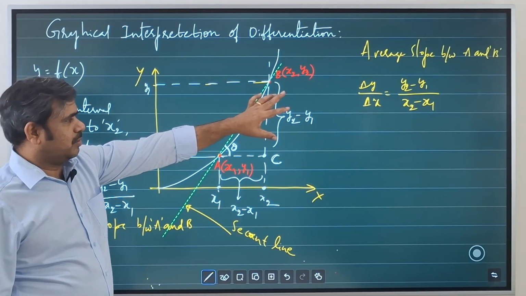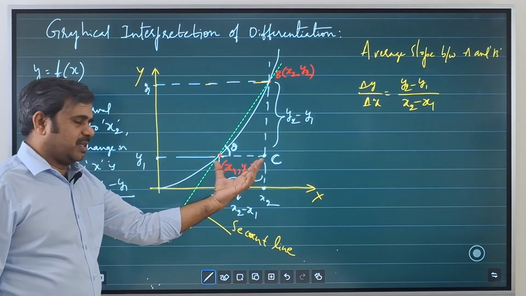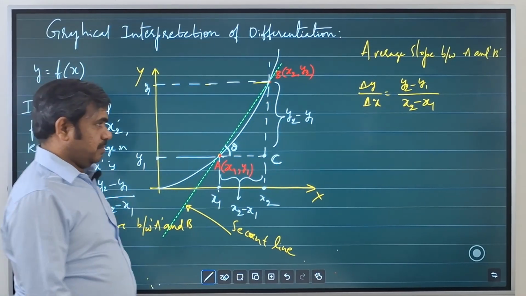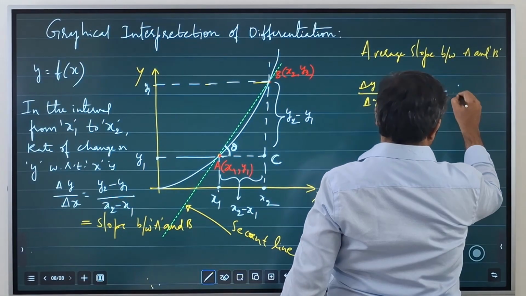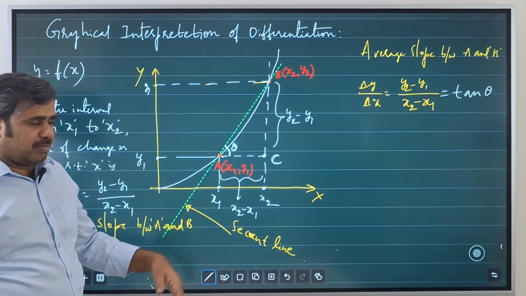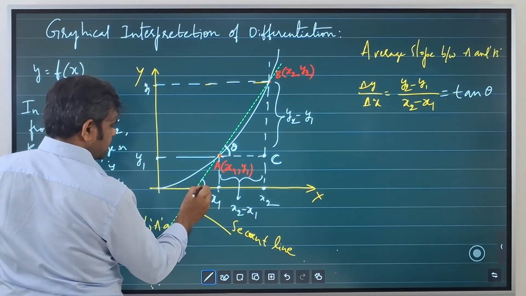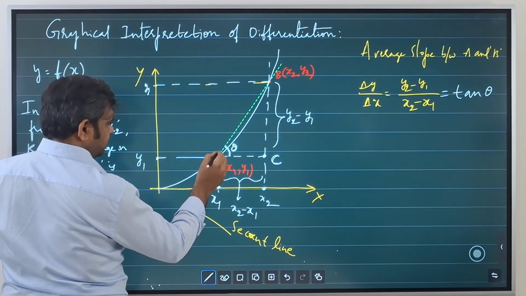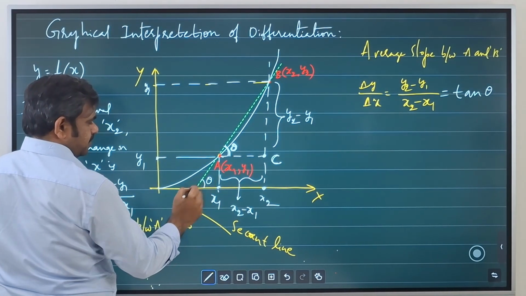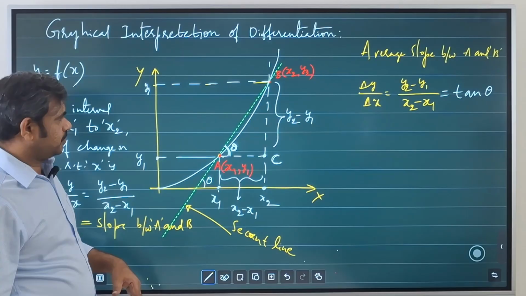So slope is the ratio of opposite side to adjacent side, the ratio of height to base. And you know this is equal to tan theta, where theta is the angle made by the secant line with the x-axis. This angle is theta, this angle is also theta. Look at these two angles. These two angles are the same, the angle made by the secant line with two parallel lines.